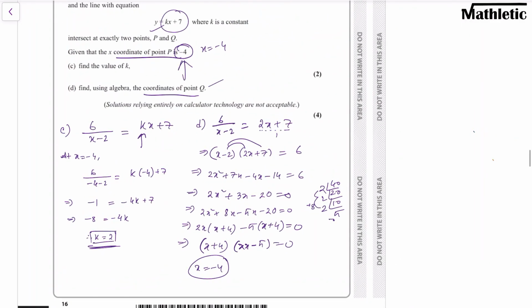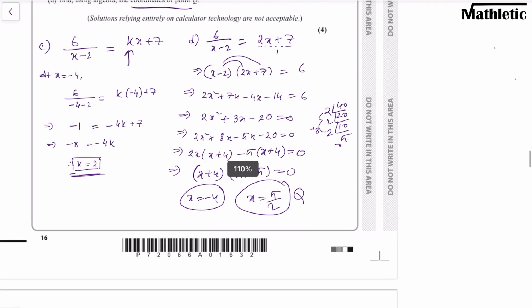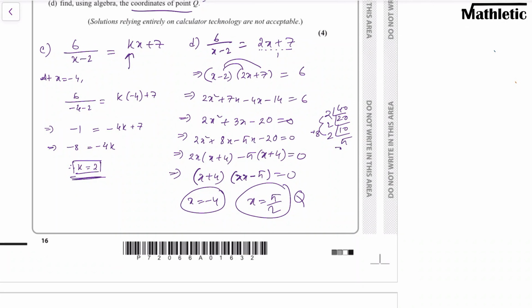It was already mentioned, so the other x coordinate is supposed to be the x coordinate for Q. So we need to find the coordinates, which means we will find the y coordinate now. You can substitute the x coordinate in any of these equations. The y coordinate is 6 by x minus 2.